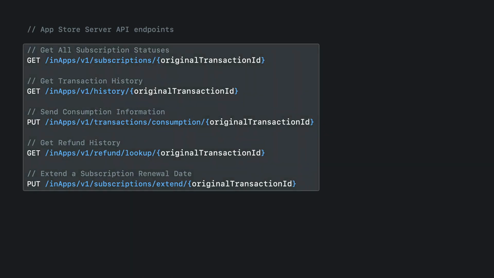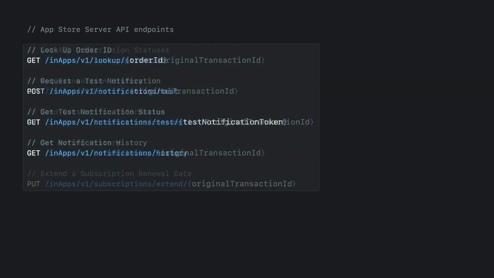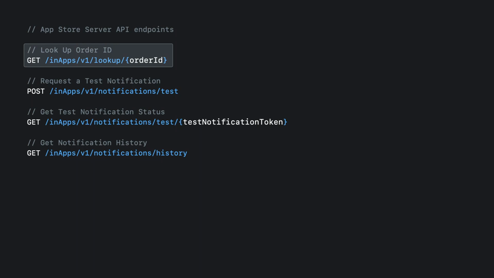We see that the first 5 APIs listed here utilize original transaction ID as a path parameter. This allows you to easily call these APIs using the original transaction IDs that you receive from receipts, signed transactions, signed renewals, and notifications. Next is the Lookup Order ID endpoint. This endpoint instead uses the order ID provided by a customer for support queries.